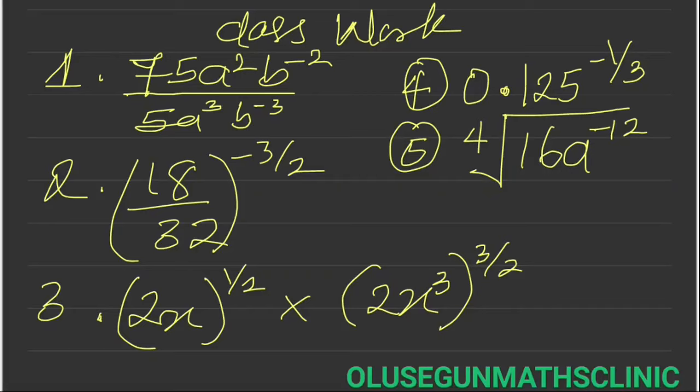Number 2, 18 over 6 bracket open bracket close raised to power minus 3 over 2. 3, 2x bracket open and close raised to power half times 2x raised to power 3 bracket open and close raised to power 3 over 2, and 4, 0.125 raised to power minus 1 over 3, and 4 root 16a raised to power minus 12. So please, I want you to help me solve this.